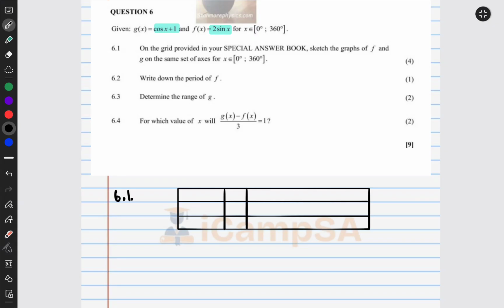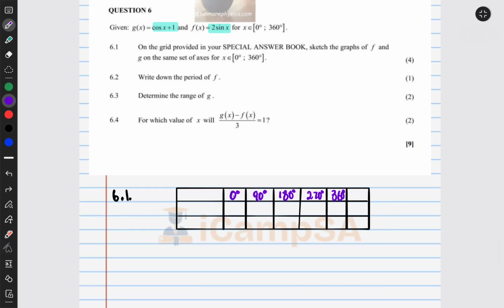So we're gonna have 0 degrees, 90 degrees, 180 degrees, 270 degrees, and 360 degrees. Okay, those are the values we're gonna use.